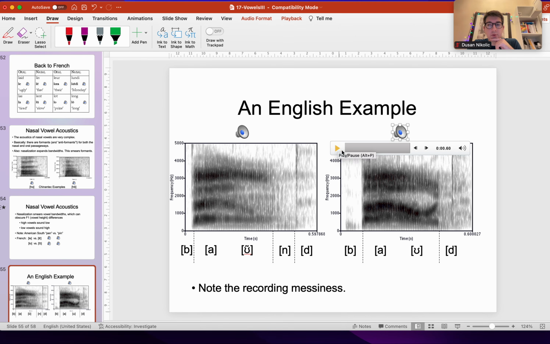Bowed. Right? And here you can see very clearly that F2 and F1 are changing in intensity, but they are quite visible.